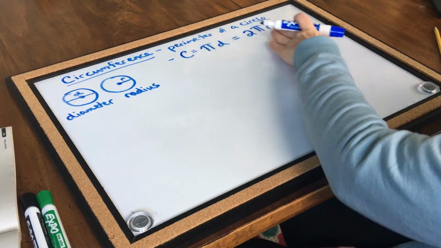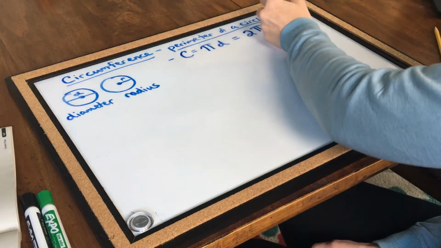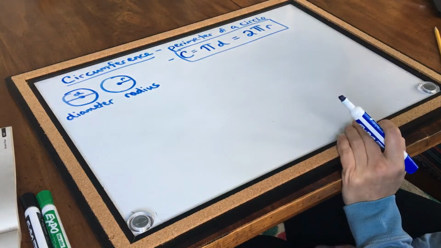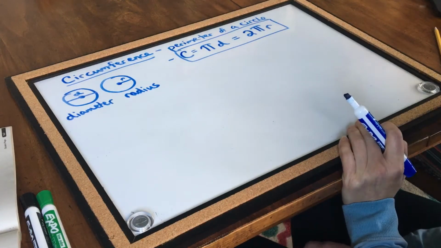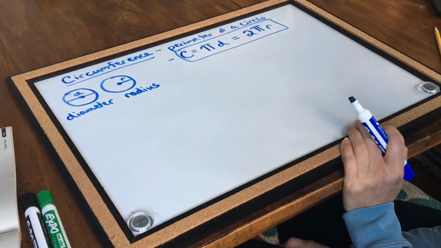So those are the two very important formulas that we're going to use for circumference. Give them a big star or a big box in your notes because you will want to memorize these.